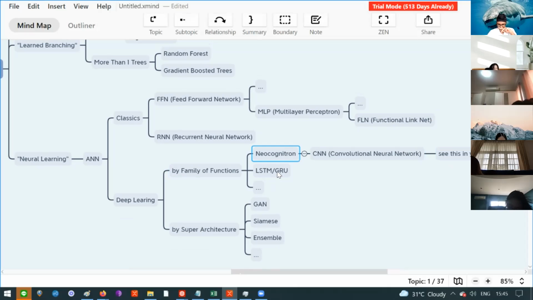Neocognitron. So you see this in time series models. In other words, there's a memory kind of thing. You see this in images.